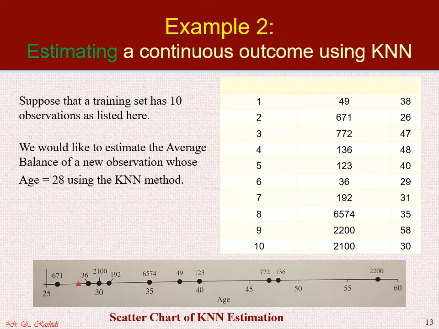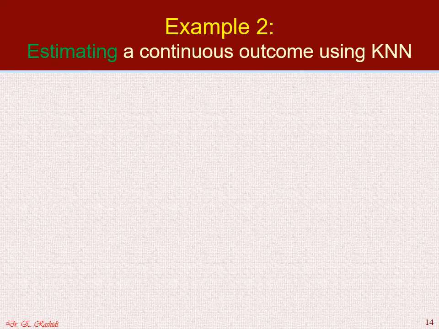And we can continue this so on and so forth until n is equal to 10, the size of the training data set, the total number of observations in our training data set. Based on different values of k, the number of neighbors, we would come up with different predictions for the average balance of the new observation here.